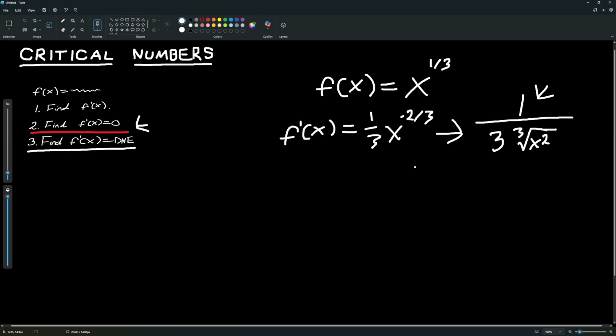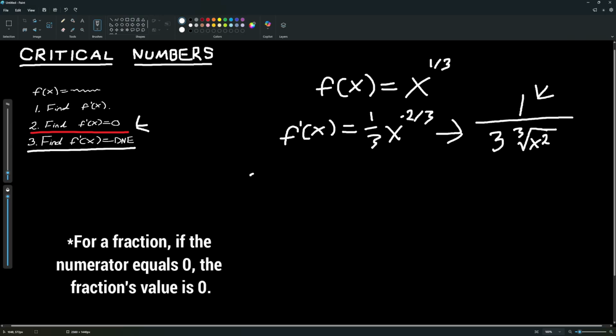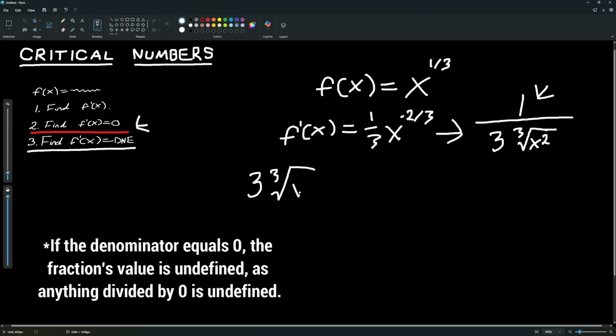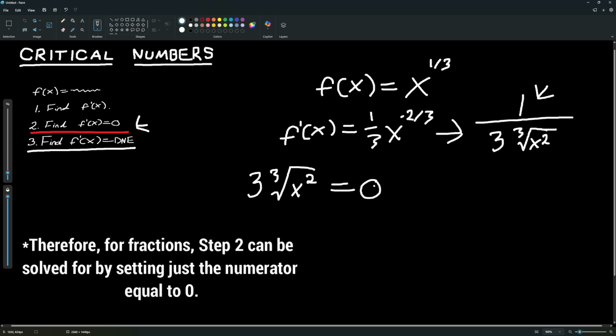So we're looking for when f prime of x equals DNE. Really, since we're just trying to look for when the denominator itself is equal to 0, all we have to do is write 3 times the cube root of x squared equals 0 and solve for x.